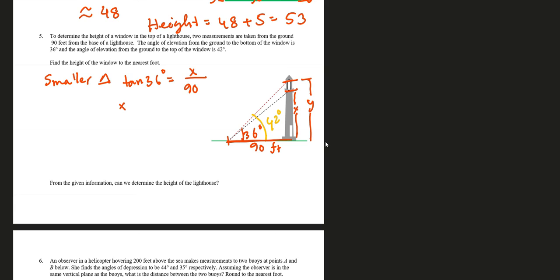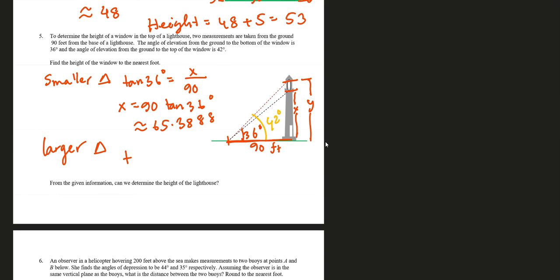So from here we get x equals 90 times tan 36 degrees, which is approximately 65.388. We're not rounding our answer right here because this is an intermediate calculation, but when we finally report our answer, we'll round it.